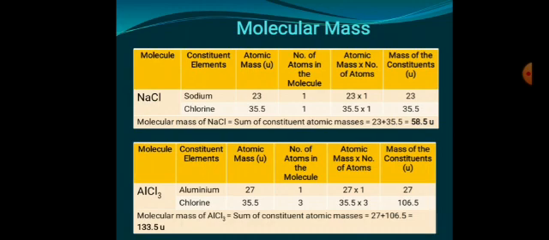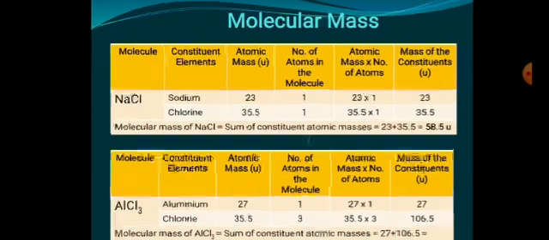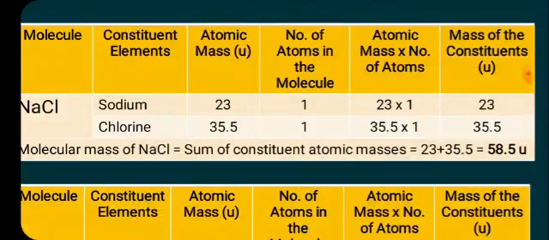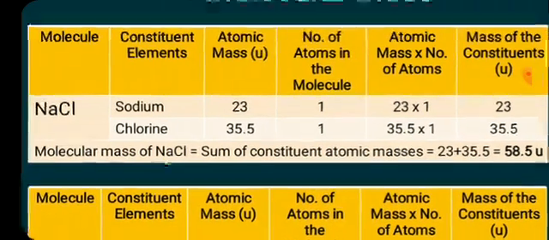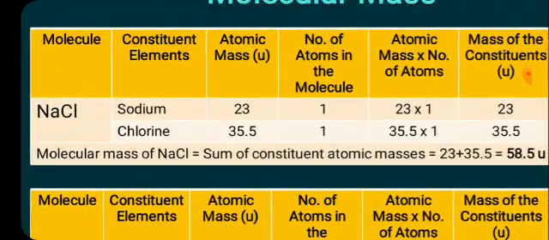Let us calculate molecular mass of various compounds. First one is sodium chloride. Sodium chloride has molecular formula NaCl. There are two constituent elements, sodium and chlorine.